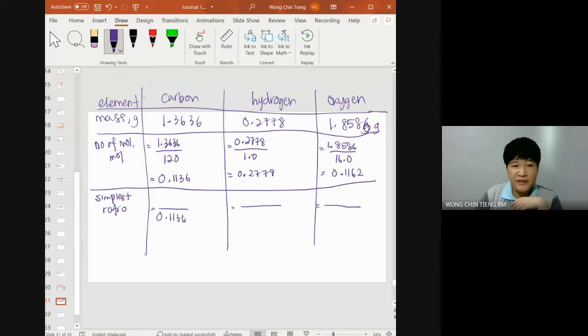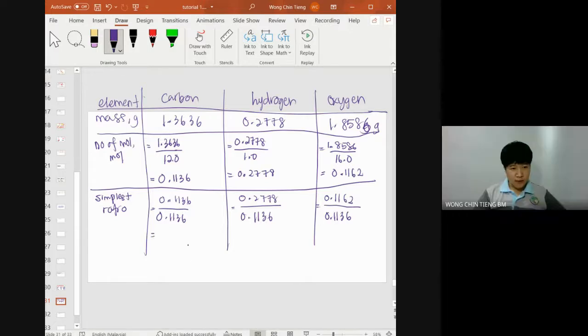Okay, everybody kena bahagi dengan 0.1136 dan untuk jawapan empirical formula yang kamu kena hantar nanti, saya tunjuk markah nanti. All the number of mole will divide by the smallest number of mole, which is 0.1136.